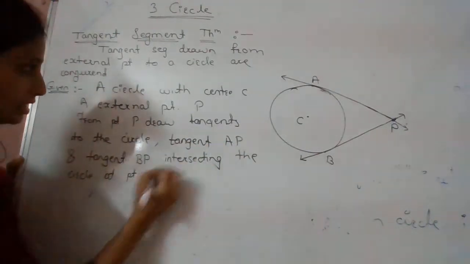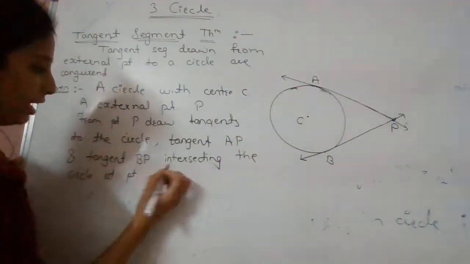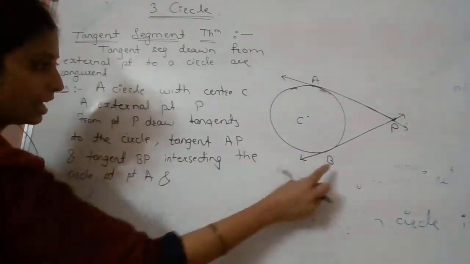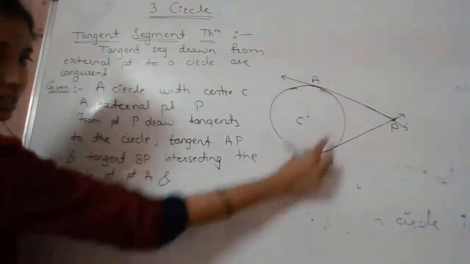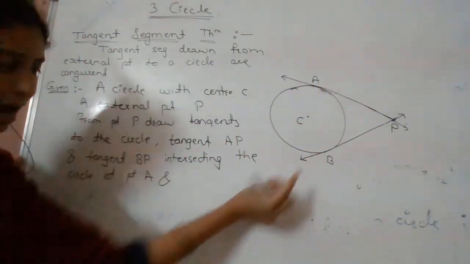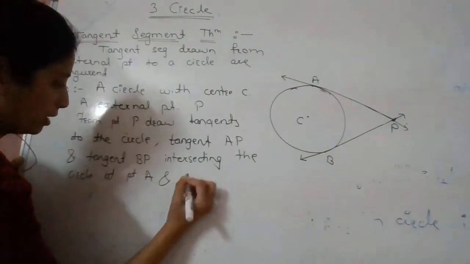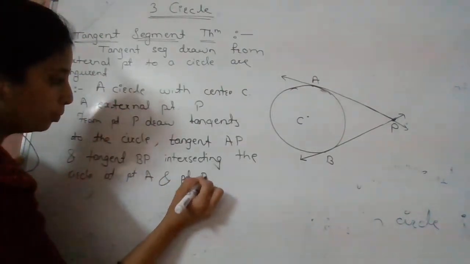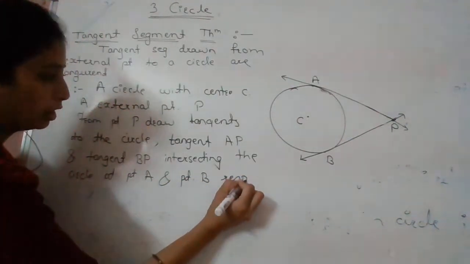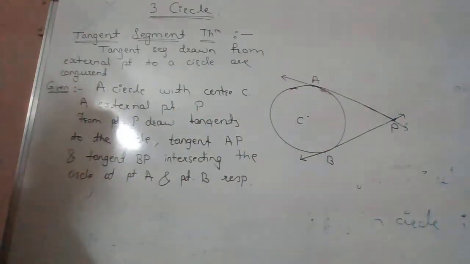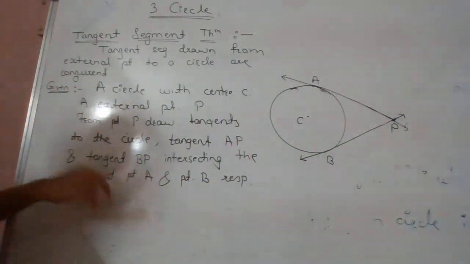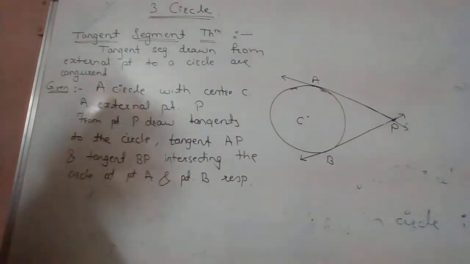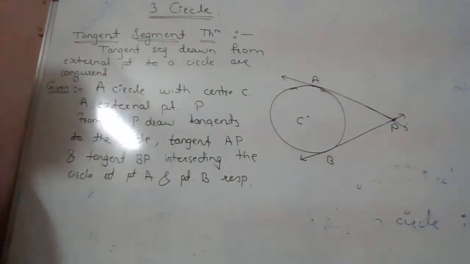The first is intersecting the circle at point A, and the next tangent, BP, is intersecting the circle at point B, at points A and B respectively. Respectively means one after the other: AP intersecting at A and BP intersecting at B. So this was the given thing.